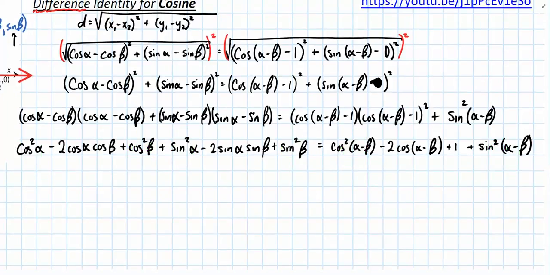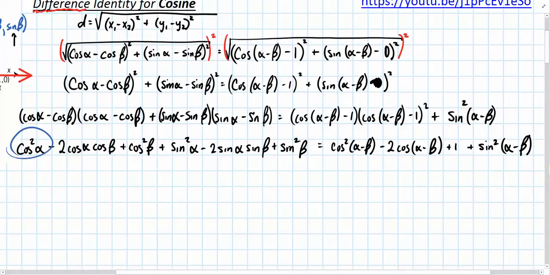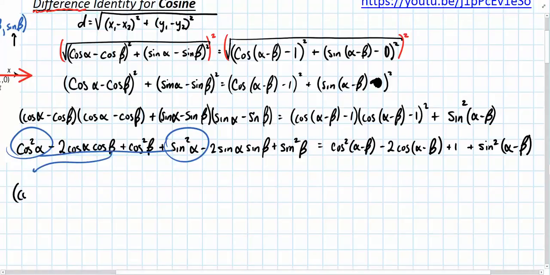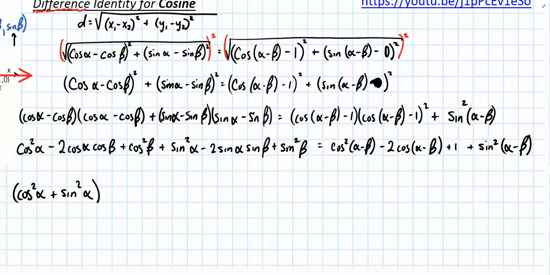So what I'd like to do is grab this cosine squared and this sine squared and put them together at the beginning of this next line. So I'm going to write cosine squared of alpha plus sine squared of alpha at the beginning of the line. And you probably have a good idea as to why I'm going to do that here.